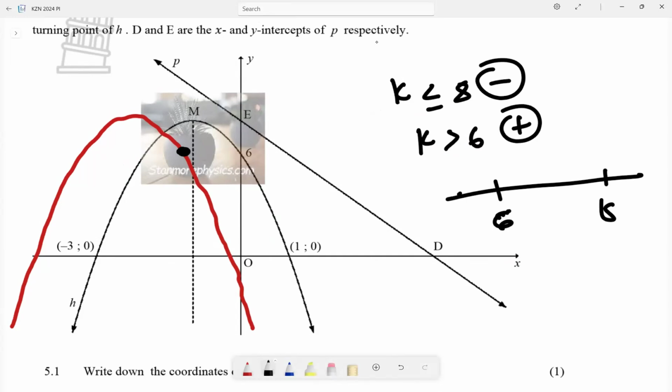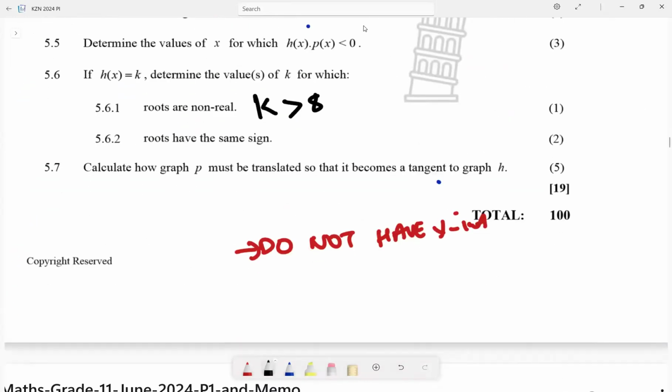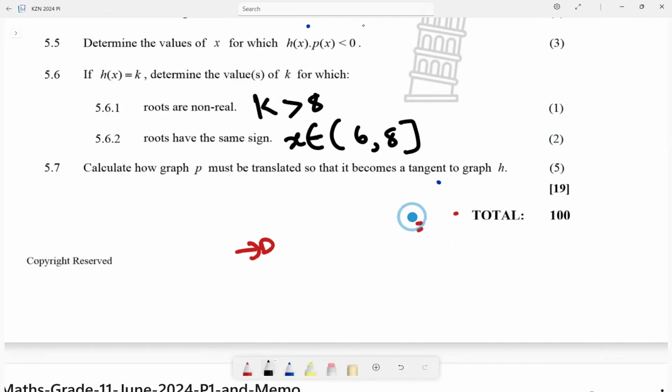So can you see it is less than, meaning minus. So yeah, it is greater like this. It will go there and it will go there. So it is between 6 and 8, basically. So you'll say x is between 6 and 8. If you do not understand this, trust me, it's fine. These questions, well, the last questions, they are tricky, but they do not affect you, they won't harm you a lot, okay?